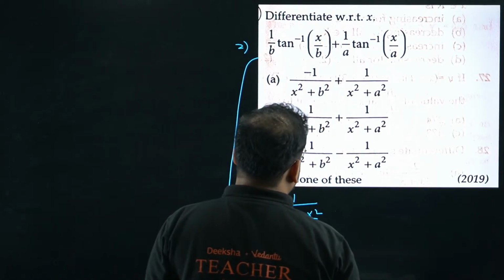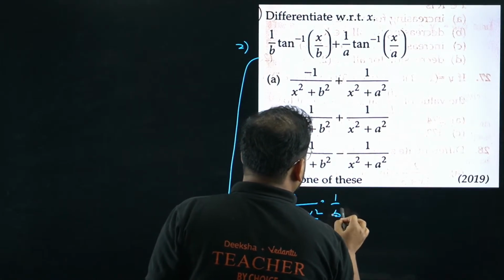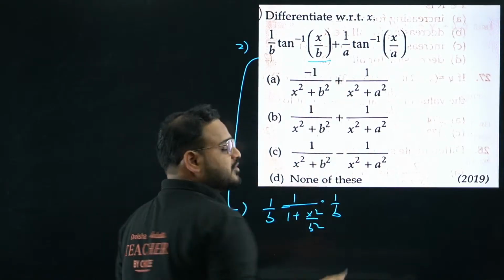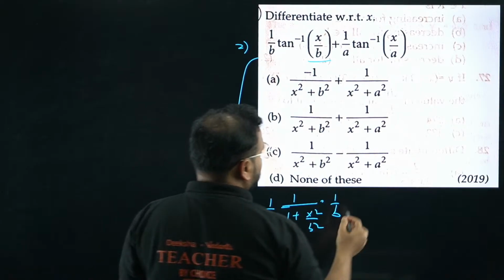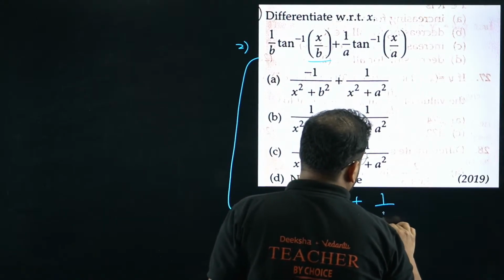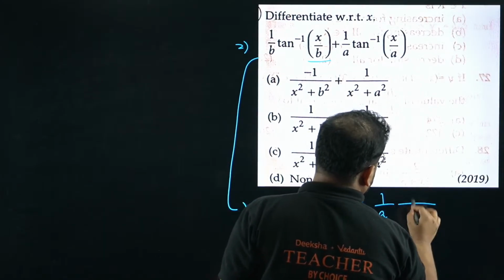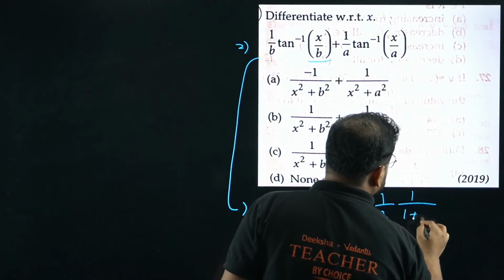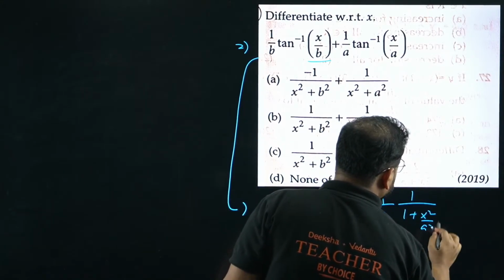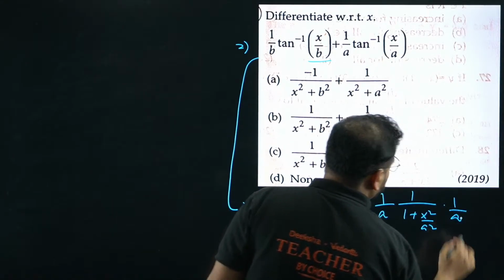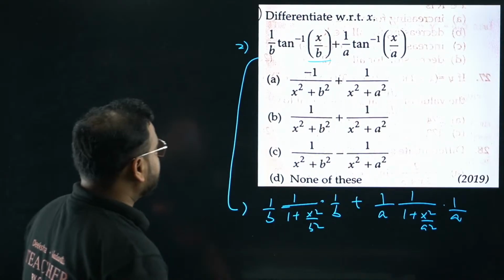Again you'll have 1 by b, because you differentiate x by b also as a chain rule, plus 1 by a, and again 1 upon 1 plus x square by a square into 1 by a with the chain rule of x by a. Great.